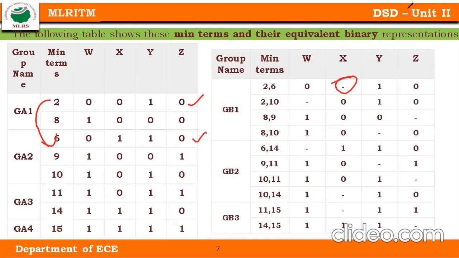These two are already paired. If it is already checked, I don't bother, because it is already paired in some minterms.